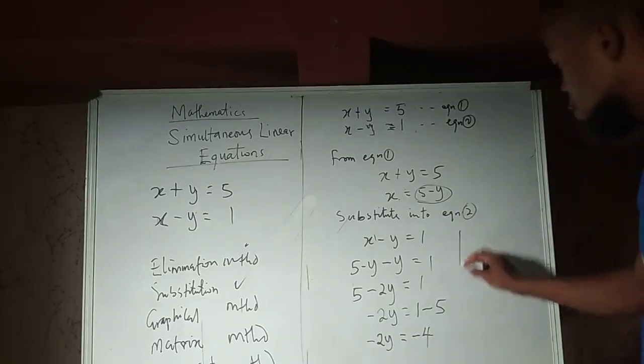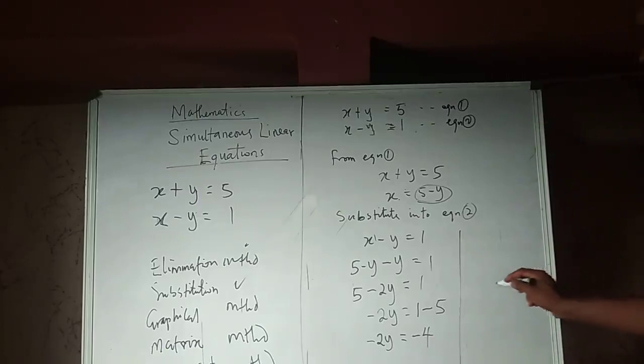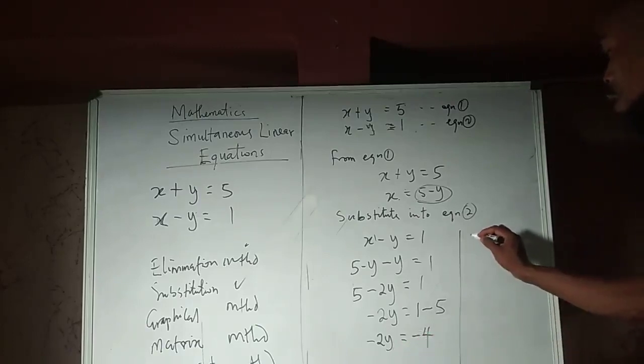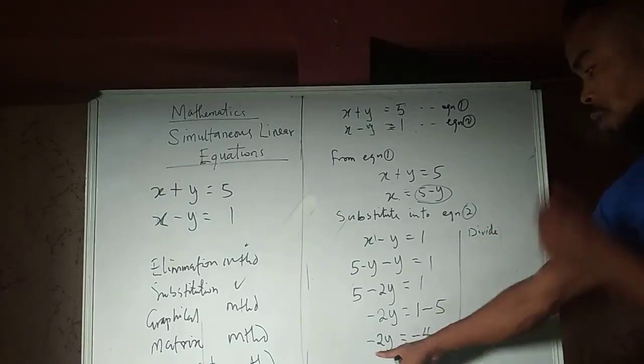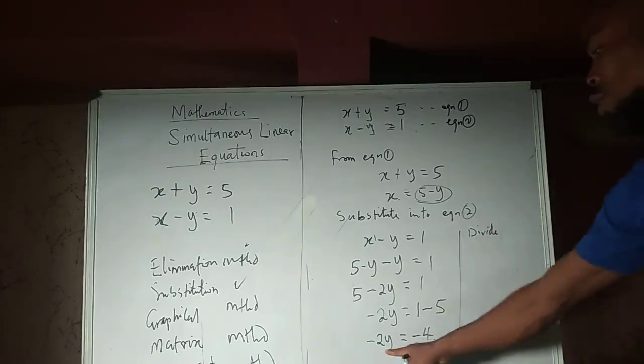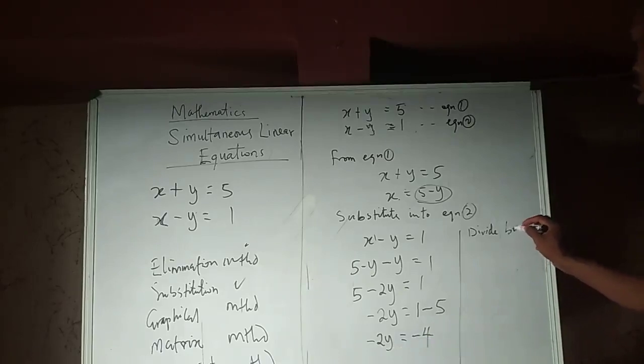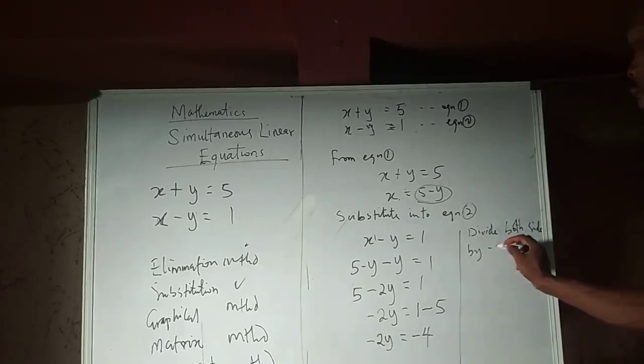So at this point, we are going to solve now. What we do is divide both sides by minus 2, because we are looking for y. We don't want minus 2y. So divide both sides by minus 2.